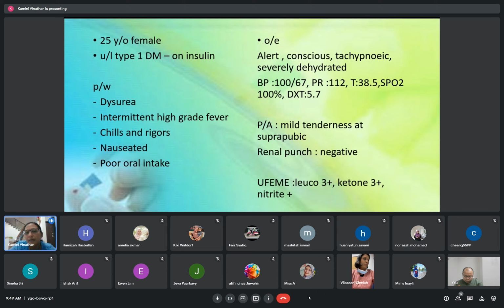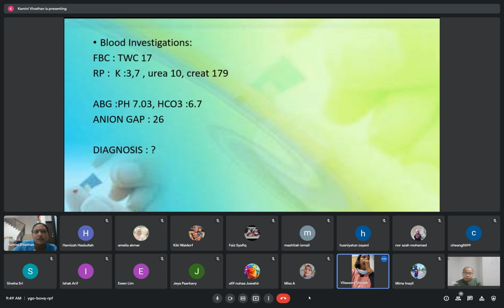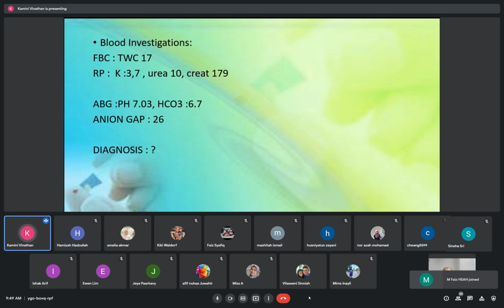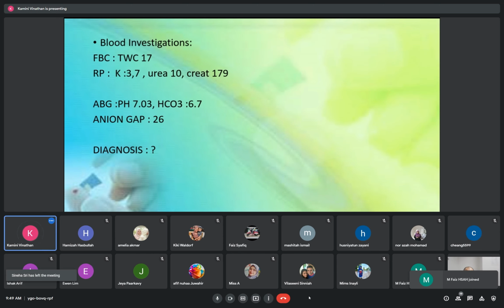Abdomen noted mild tenderness over the suprapubic region, renal punch negative, and urine FEME got leukocytes, ketone 3+ and nitrite positive. For blood investigations: total white cell 17, potassium 3.7, urea 10, creatinine 179, pH 7.03, bicarb 6.7, and anion gap is 26.